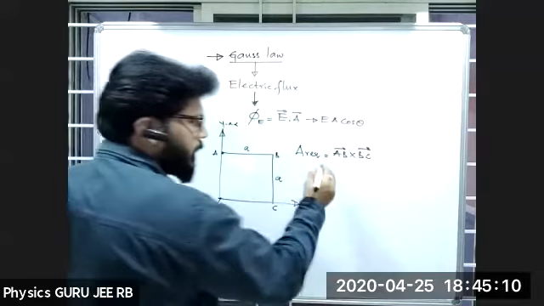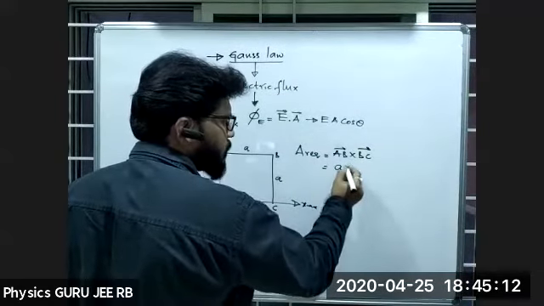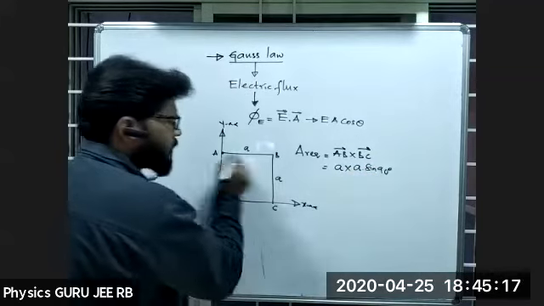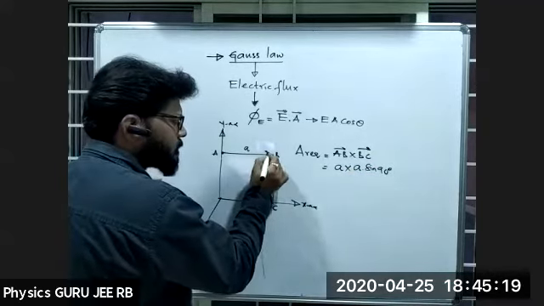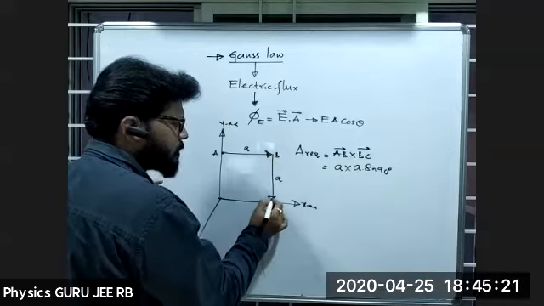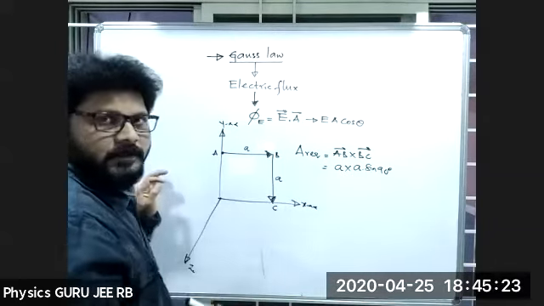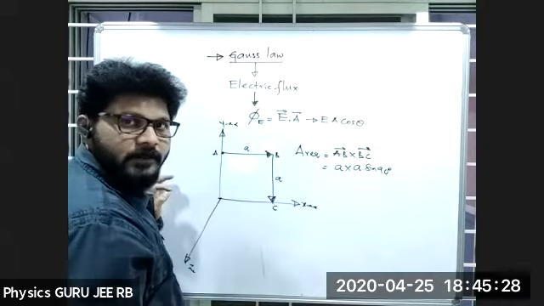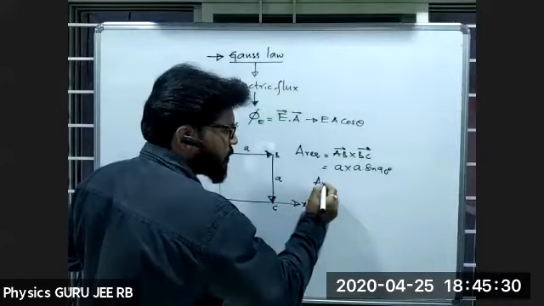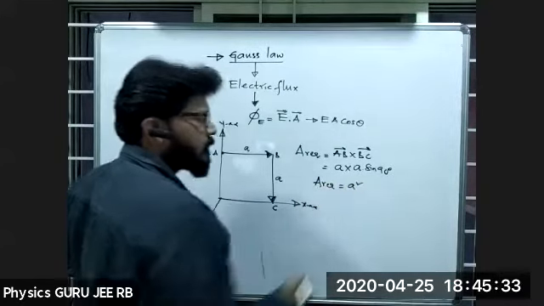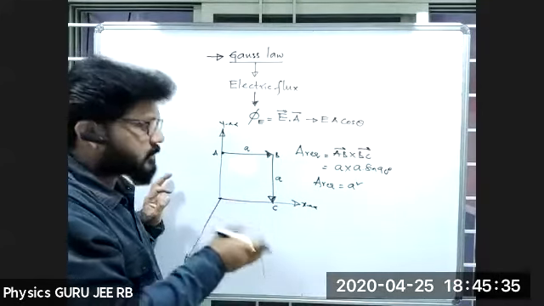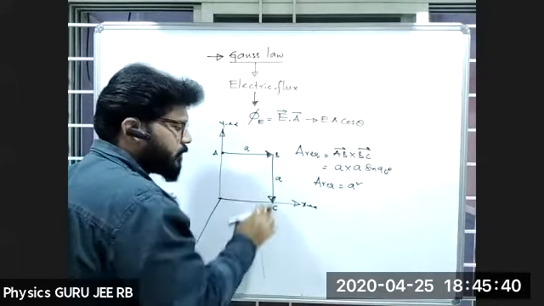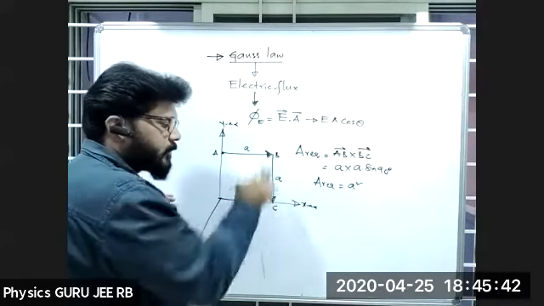Here AB, if I take A cross A into sine of 90 degrees, these two are vectors making an angle of 90 degrees. A into A, A square, sine 90 degrees. So area now becomes A square with some direction. Let me take this as the A vector and this as the B vector.